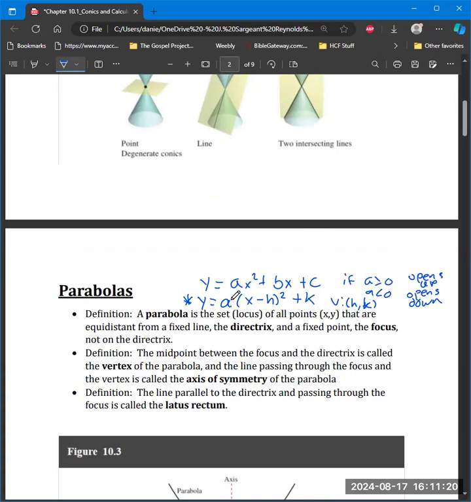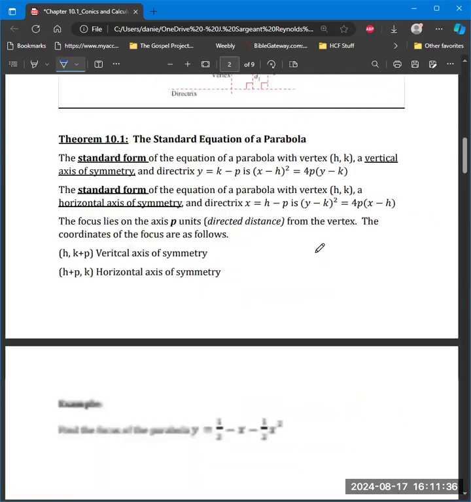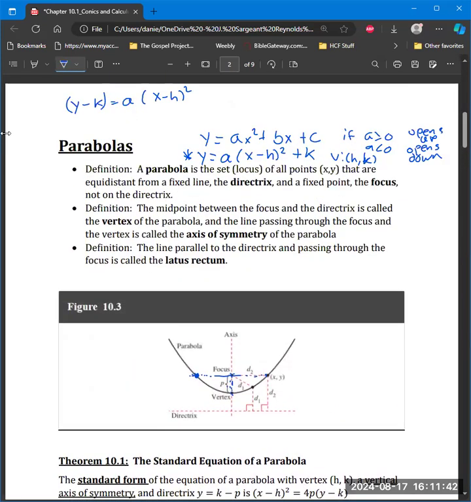It's like this. y minus k equals a times (x minus h) squared. I want to get the (x minus h) squared part all by itself over here. It's not a, that's 4p. I have 1 over a times (y minus k) is (x minus h) squared.